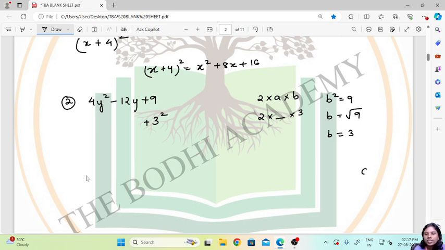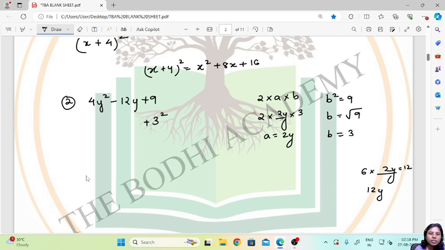If you multiply 6 by which number will we get 12? We know 6 twos are 12, correct? Another thing that remains here is the variable y. So we simply write 2y here. So 6 into 2y is 12y. So our a is 2y.